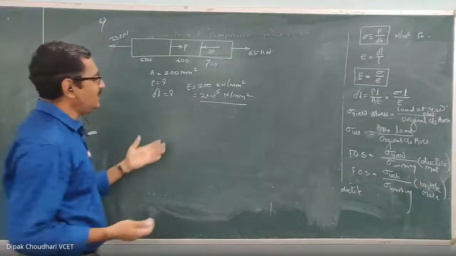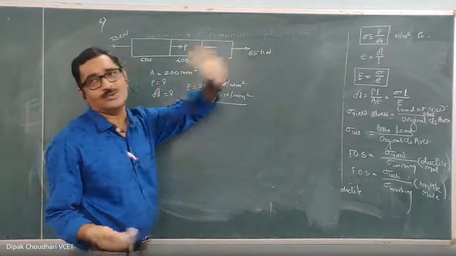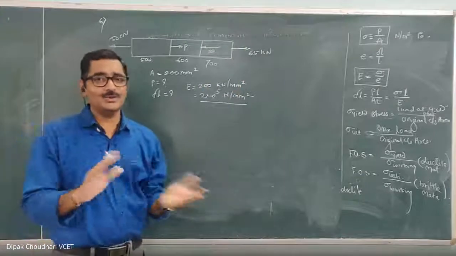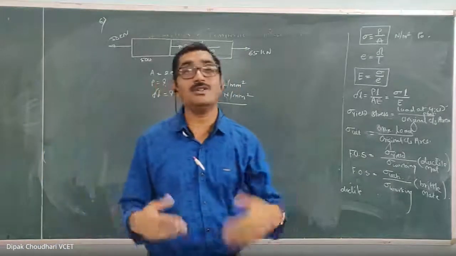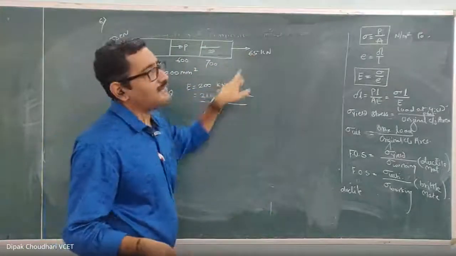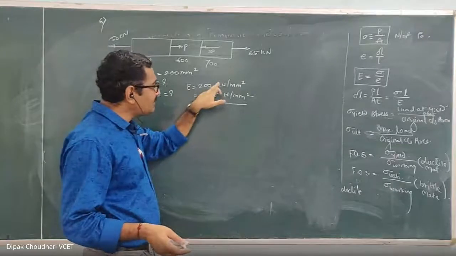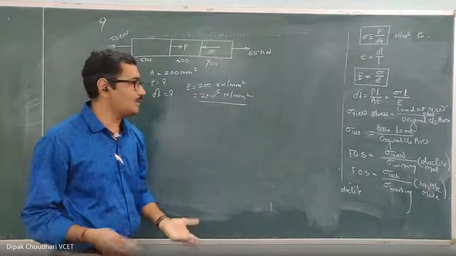It doesn't make any difference even if you keep this E in kilonewton per millimeter square, because the forces are in kilonewton. So you should be able to judge where to convert and where not to convert. If you convert over here, you have to convert this P also. If you don't convert it, keep the forces also in kilonewton.